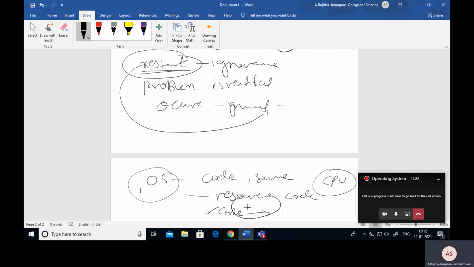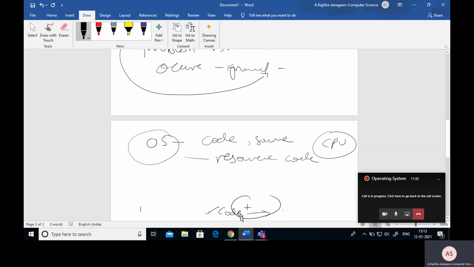One advantage is that system capability will increase, so the operating system works efficiently. This is the advantage of deadlock ignorance. So this is what deadlock ignorance is.